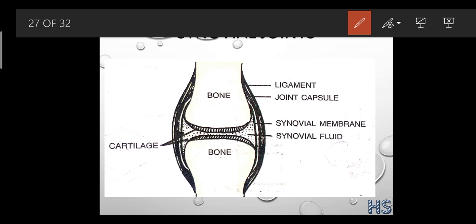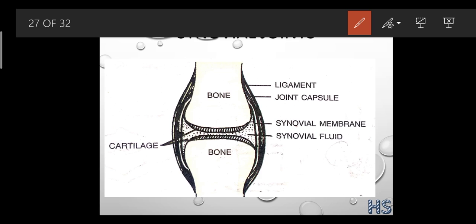What is the function of this synovial fluid? It provides lubrication. Why do they need to be lubricated? We have often heard that in old age people avoid walking up the steps. Instead they prefer the lift or escalator.